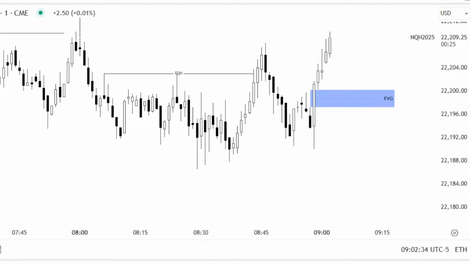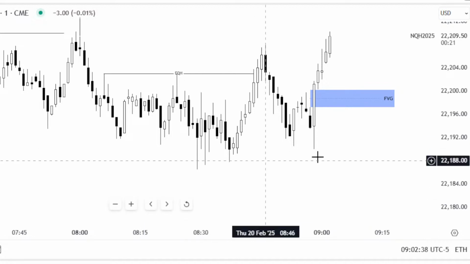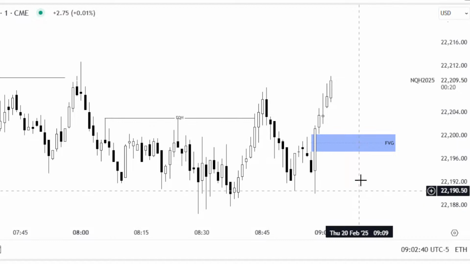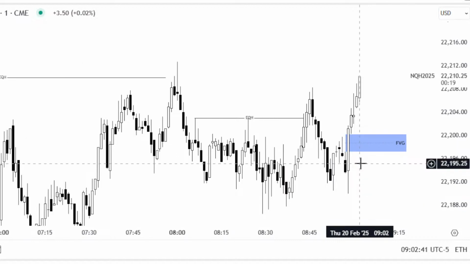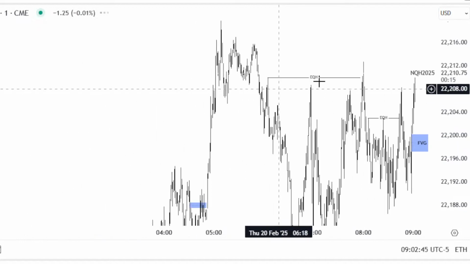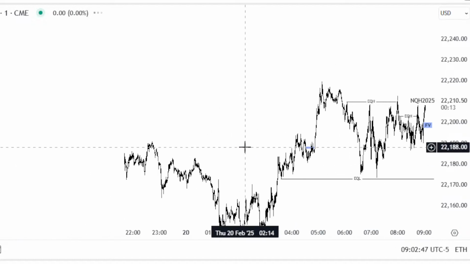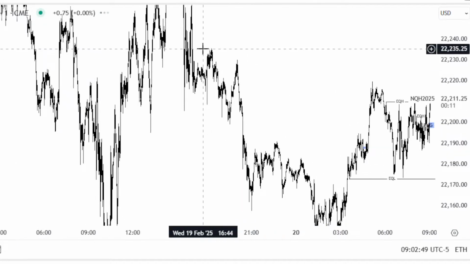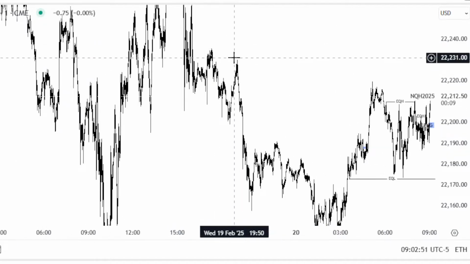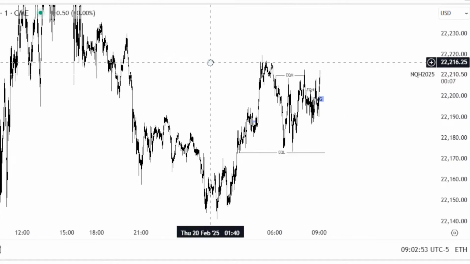I mean, there's nothing happening here right now. I mean, we're going up, not sure why. I mean, there's liquidity.